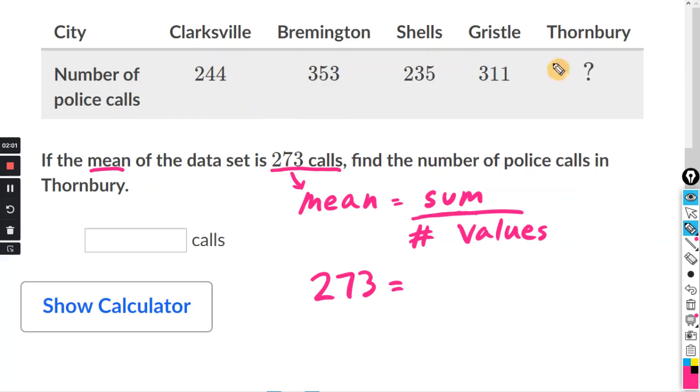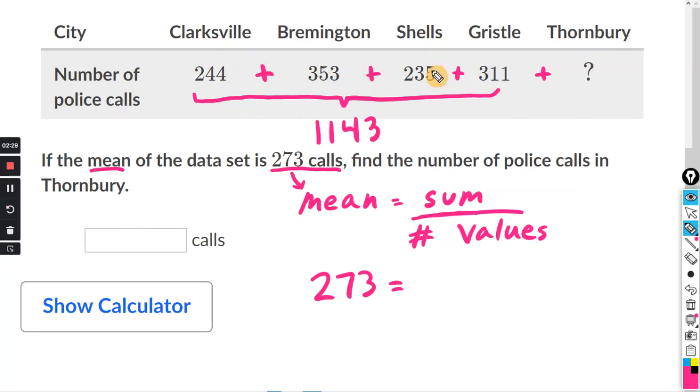So we have to take our data set here and add up all of these numbers, plus the question mark as well. Without even writing all that, I might as well just add these four numbers right here on the calculator first.